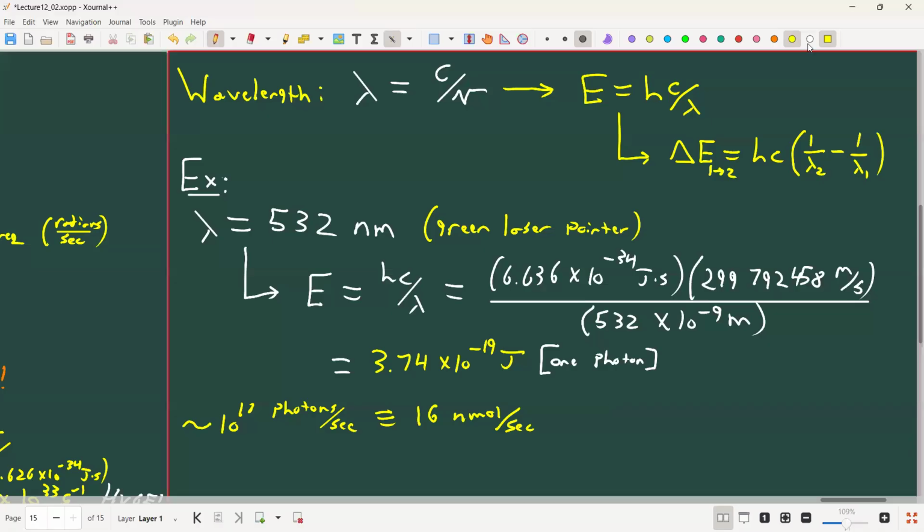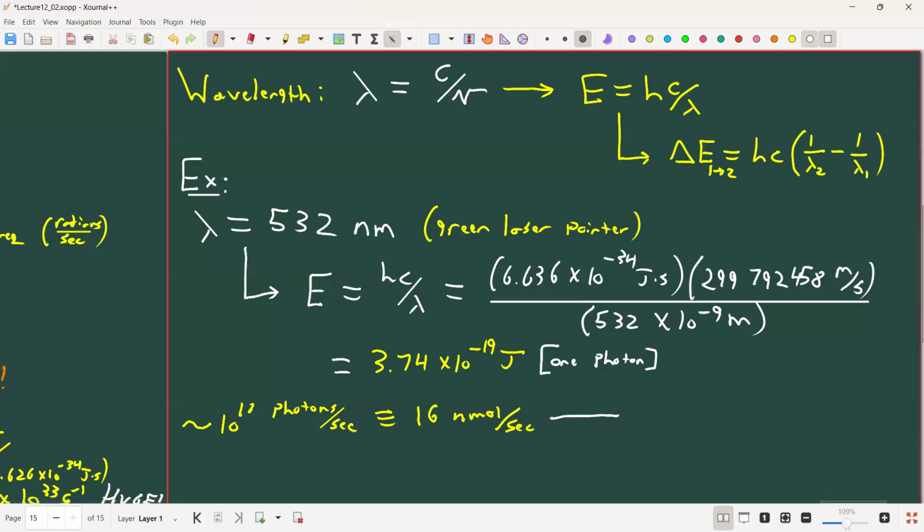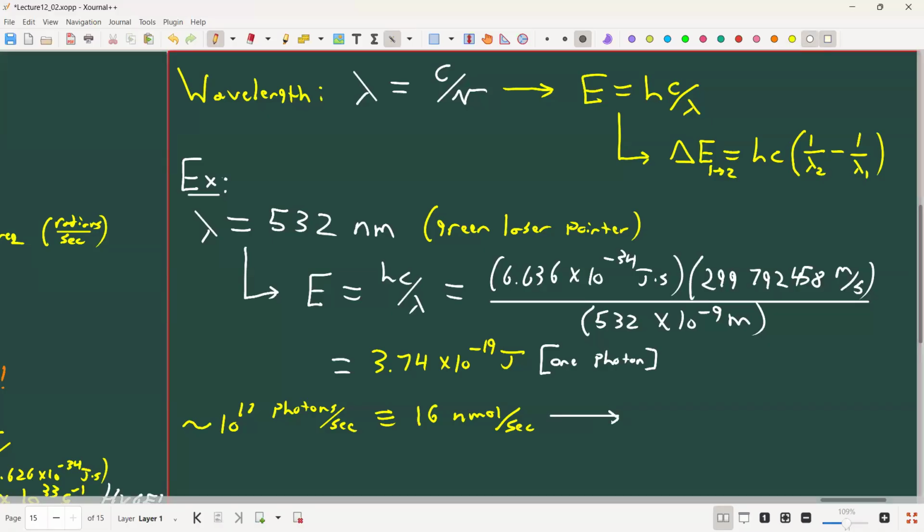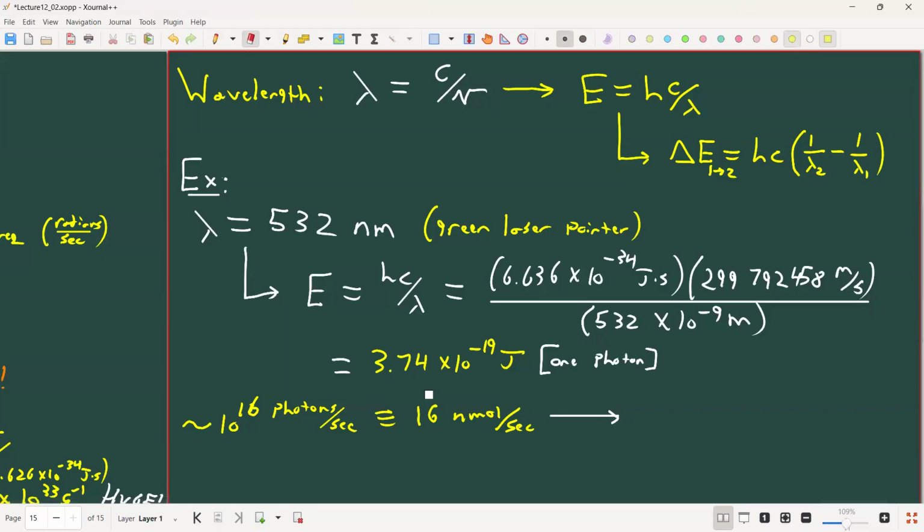All right, so we can calculate the energy dose. Wait, per second. The what? What 10 to the 16. Okay, 10 to 16. So that's 16 nanomoles of photons per second. Oh, sorry. Yeah, 16 nanomoles per second.